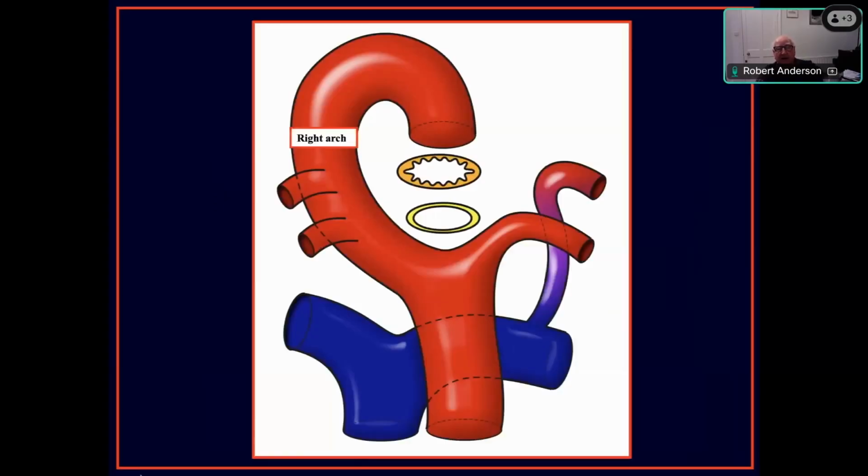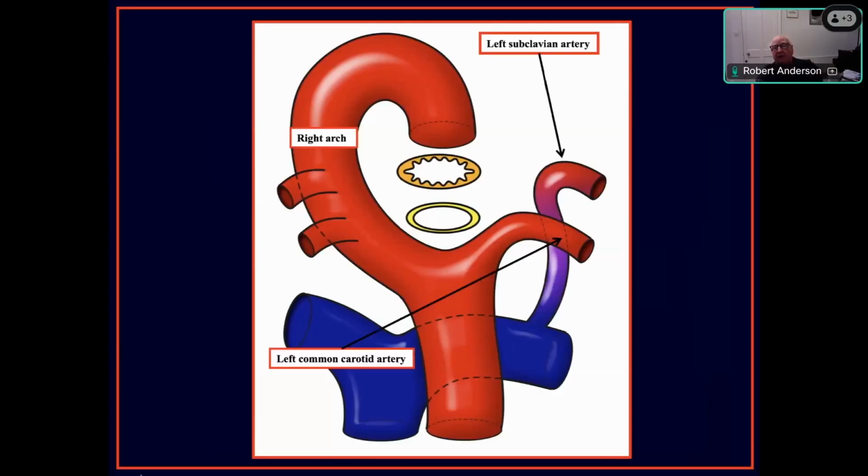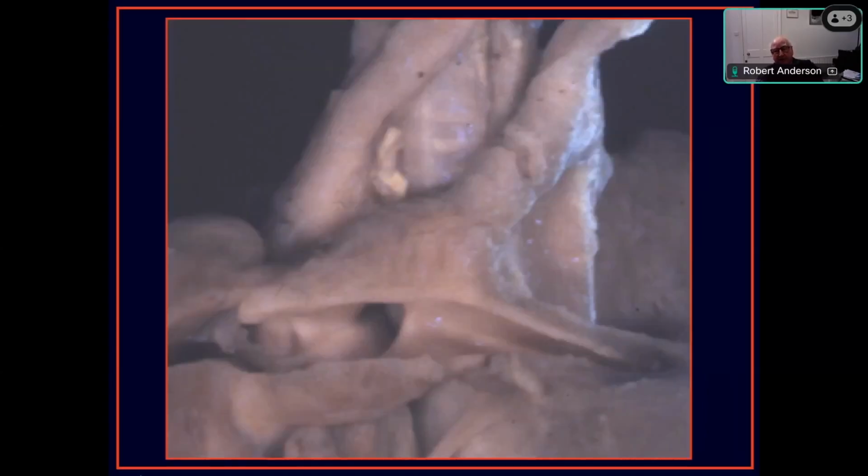So we have a right arch, we have a left common carotid artery, there the left subclavian artery, but the double arch has broken between the left common carotid artery and the left subclavian artery, and also that dorsal part of the left arch itself has disappeared. And now, with the left-sided arterial duct, the left subclavian artery is fed by the left pulmonary artery. And here we see an example of that arrangement.